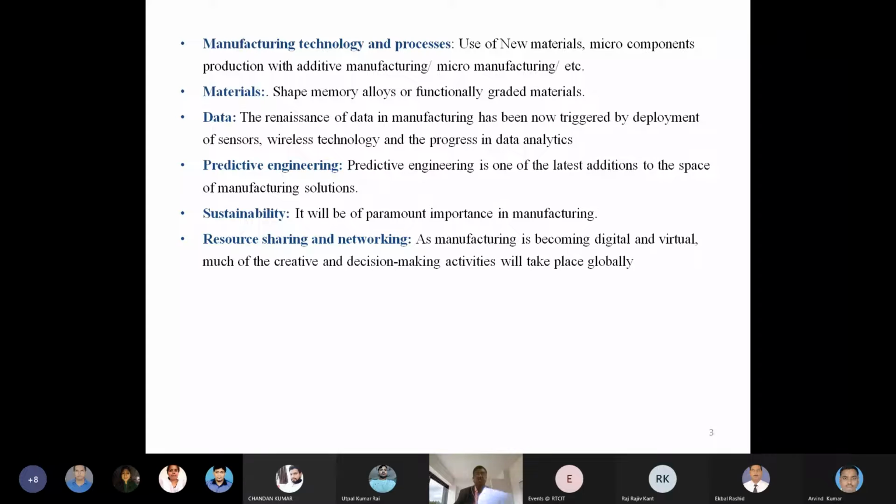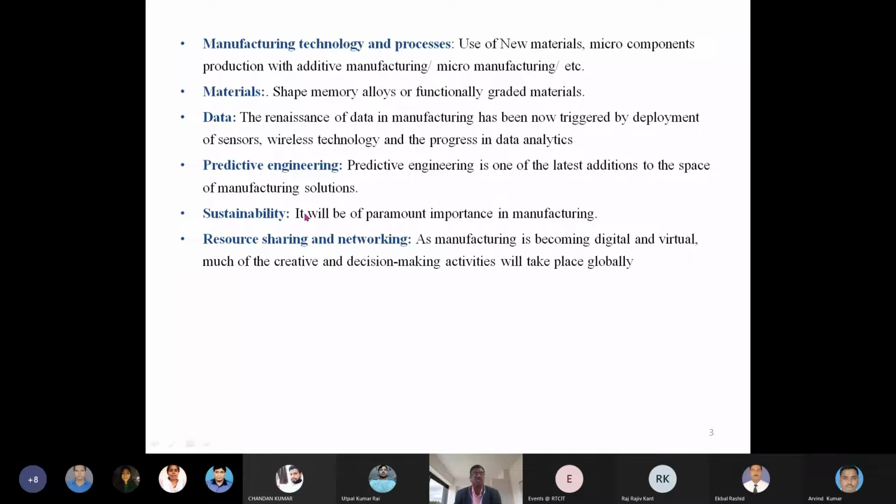Predictive engineering is one of the latest additions in the space of smart manufacturing. And apart from that, sustainability is one of the important aspects. Due to global warming, every manufacturing sector is involved in sustainable manufacturing of components, which basically takes up three aspects: one is the economic aspect, another is the environmental aspect, and then the social aspect.